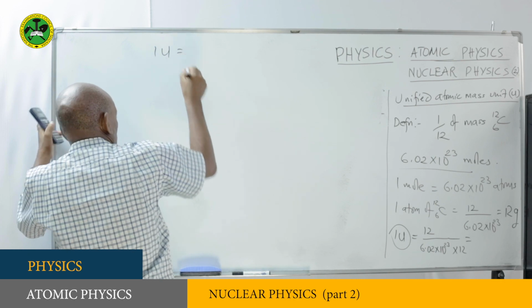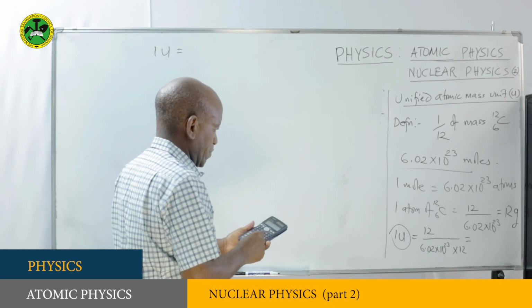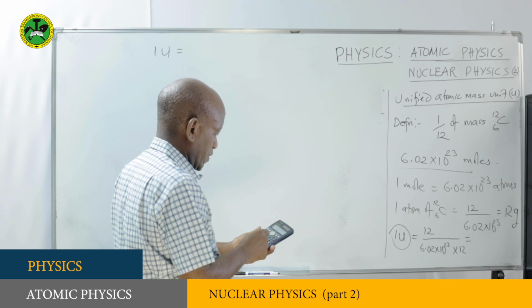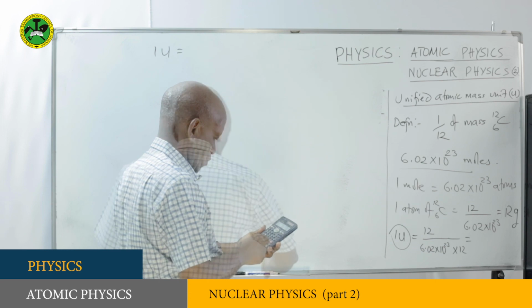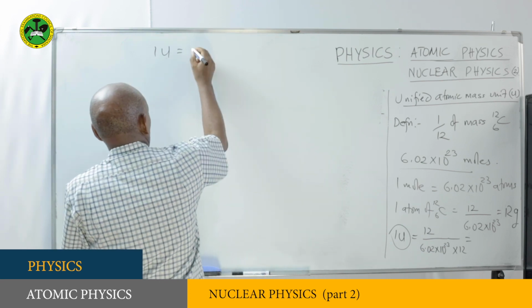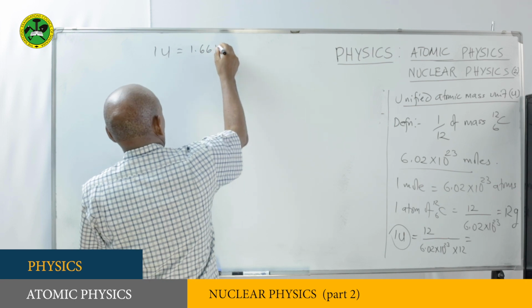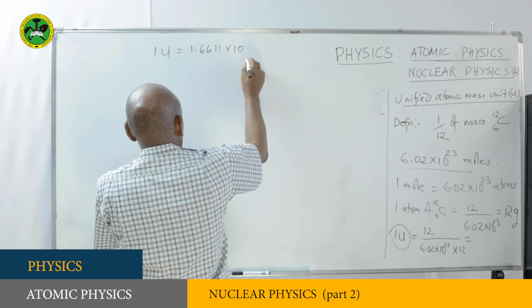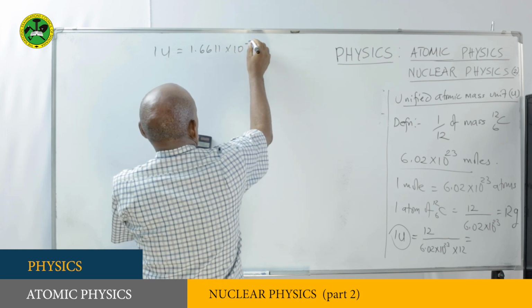So 1 U can be computed, and it will just be equal to 1.6611 times 10 power negative 24.